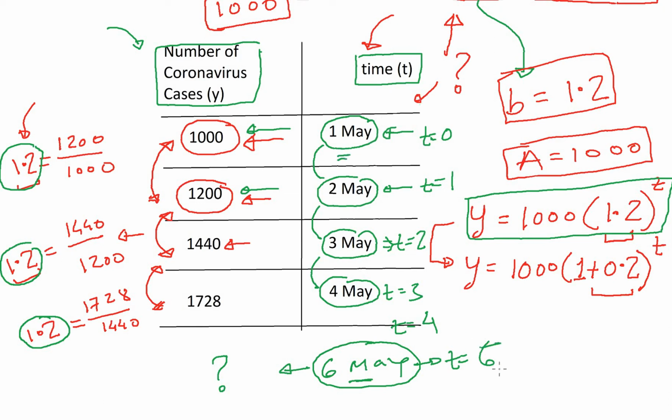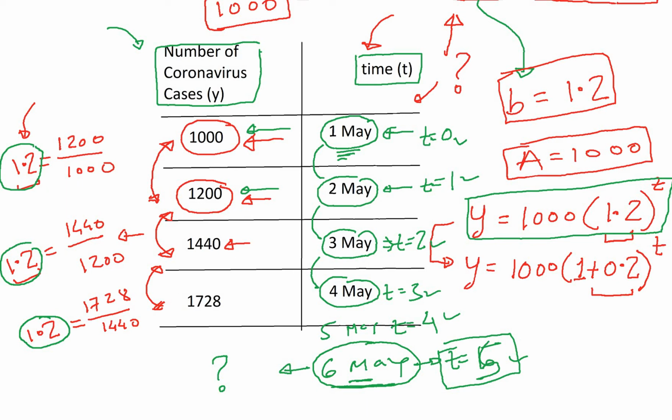So the 5th of May is t equals 4 and 6th of May is t equals 5. You can count one by one, but that would be a little tedious. One shortcut is just to subtract 6th May and 1st May. 6 minus 1 gives you 5. That will be the corresponding value of t. So t will be equal to 5.